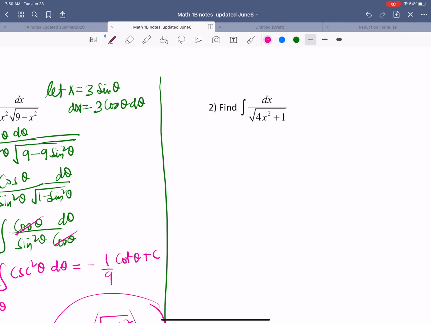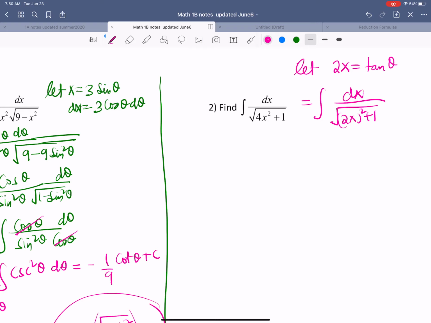Second problem. Because I have the x squared plus 1 kind, I'm going to use let 2x be tangent theta, because this can be written as 2x squared plus 1. Let 2x be tangent theta.